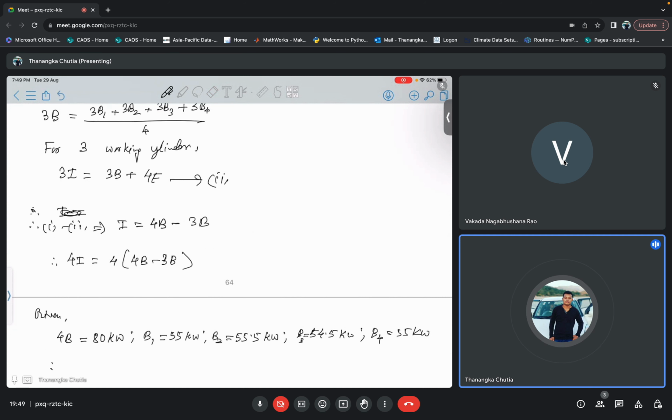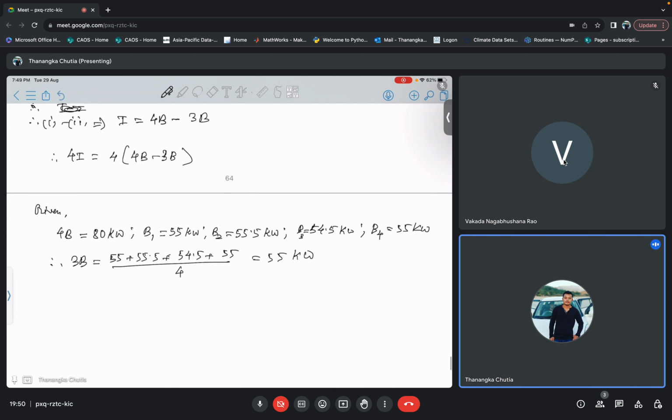Therefore 3B is equal to 55 plus 55.5 plus 54.5 plus 55 divided by 4, that will be equal to 55 kilowatt. So therefore I is equal to 4B minus 3B. What is 4B? 80, and 3B is 55 kilowatt. So that is 25 kilowatt.